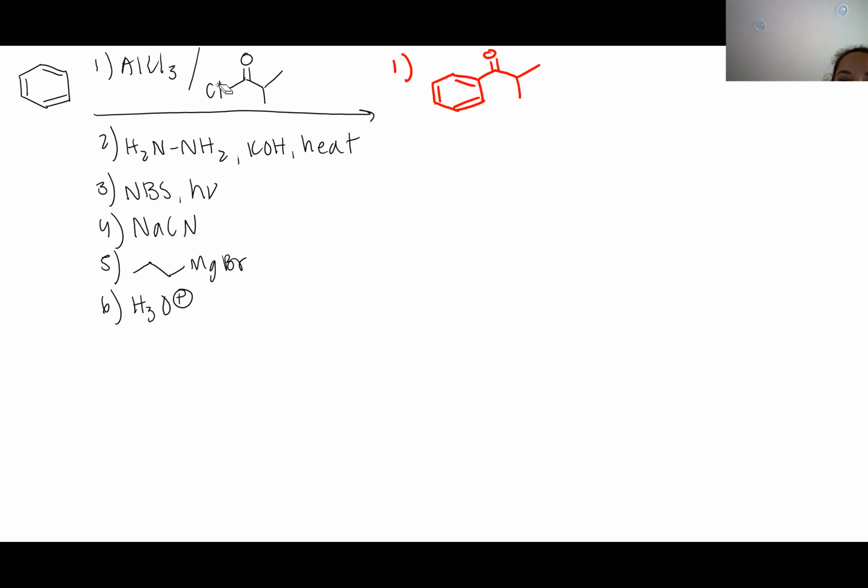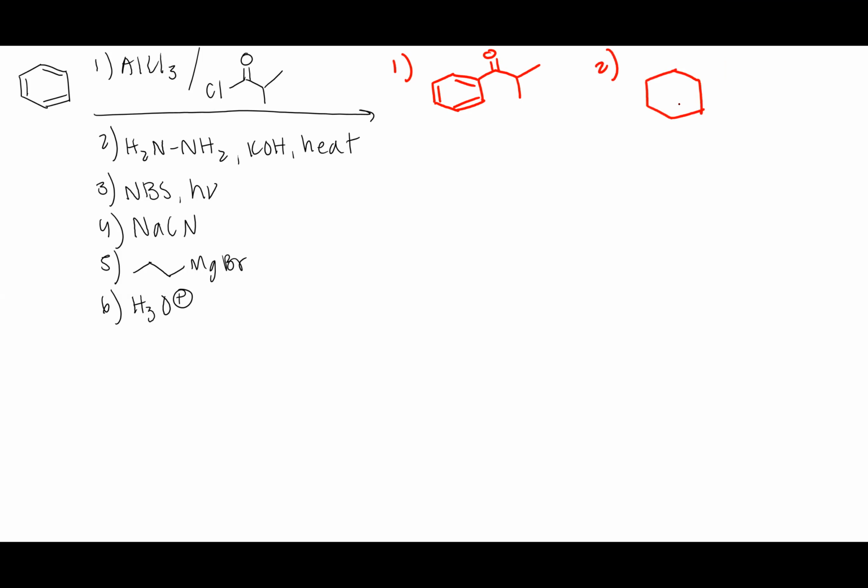What is happening in step 2? Is it a Wolff-Kishner reduction? Yes, perfect. And what happens in a Wolff-Kishner reduction? Gets rid of the carbonyl. Yep. Nice. Okay, and then in step 3, we're adding in N-bromosuccinimide and light.